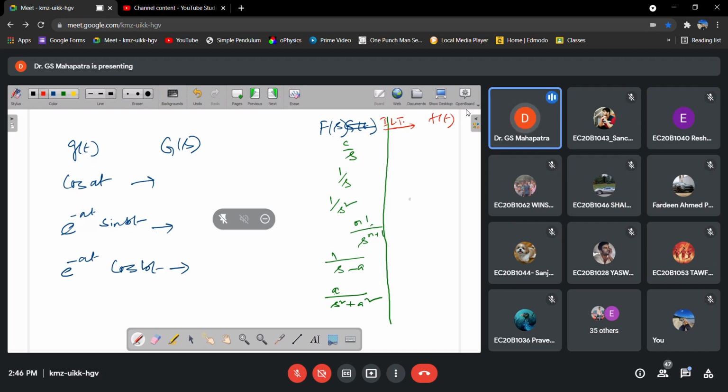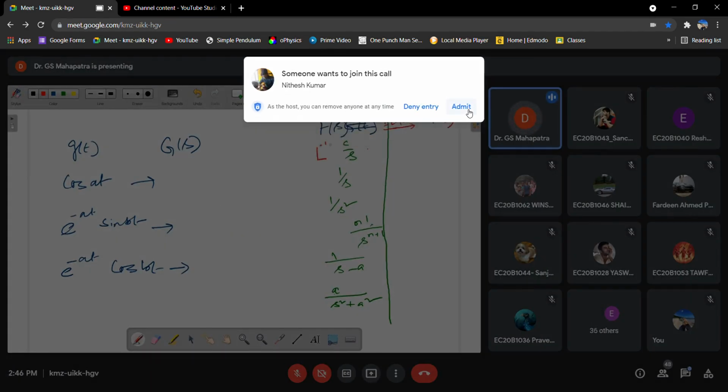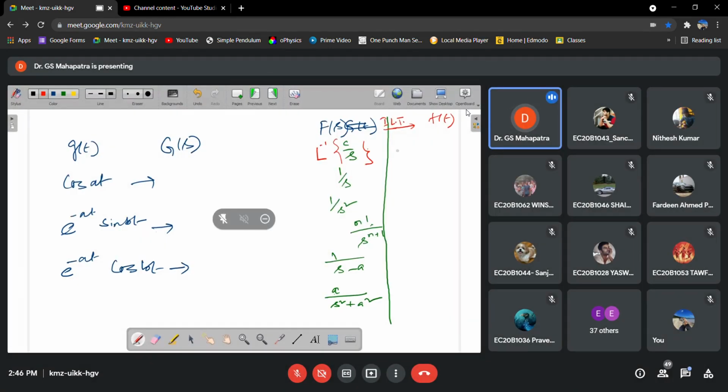Now we have already discussed what will be the Laplace inverse transform of this one, f of t. What is f of t? Right hand side: the Laplace inverse transform of capital F of s, which I have written.